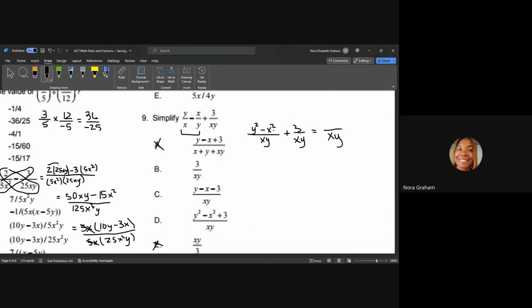So let's deal with our top. So then I would get y squared minus x squared plus 3. Now I can't really factor anything out. I can't do anything, so I'm stuck here. So our answer is just simply going to be D. That was an easy one.